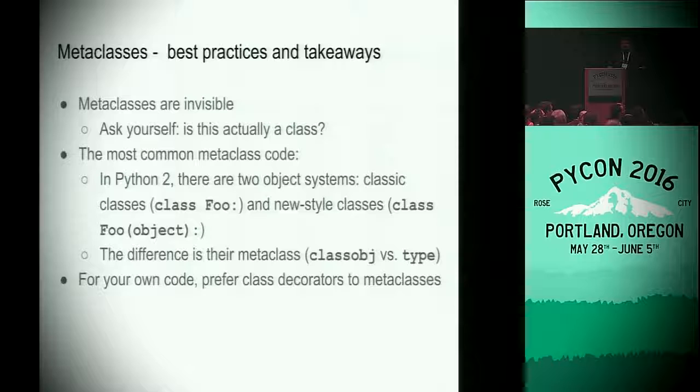So one of the important things about metaclasses is that they're completely invisible. You can't tell that you're using them, or where you're using them. You have to know from what you're inheriting what it is. You have to ask yourself, is this really a class or is it something else? And a lot of things that apply to a class don't apply to an SQLAlchemy model, don't apply to these other things that people use metaclasses for.